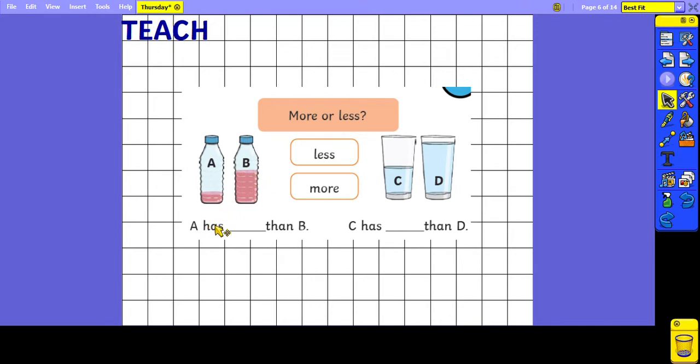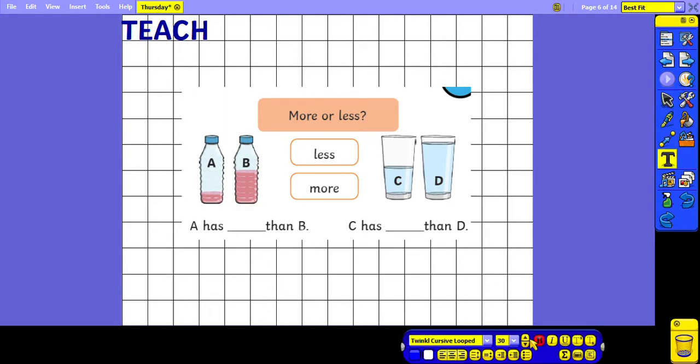So A has less than B. Okay, and then we can compare C and D. So C, we can see, is half full, whereas D is nearly full. So we can say that C has less than D.